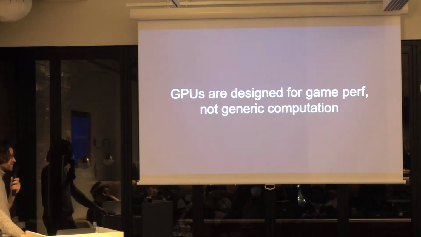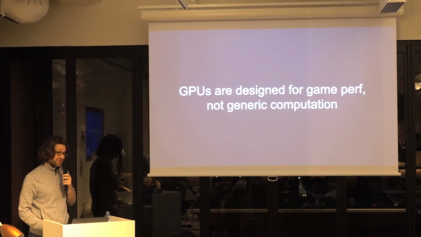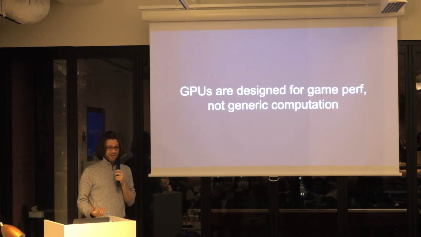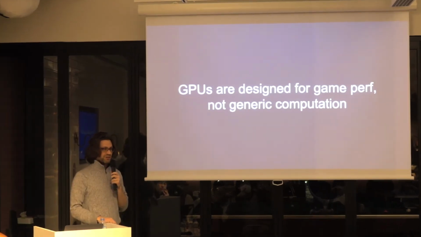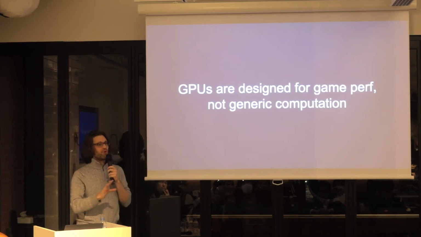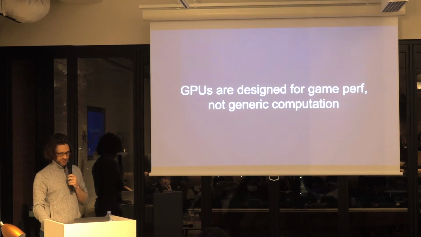So the lesson is, GPUs are designed for games, not computation. Unless it's an expensive GPU, right? Because that user's hardware implementation of arcsine had optimizations that were okay in a game world, but not when doing computation.